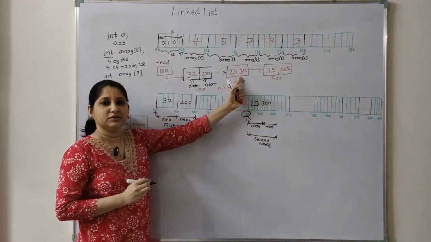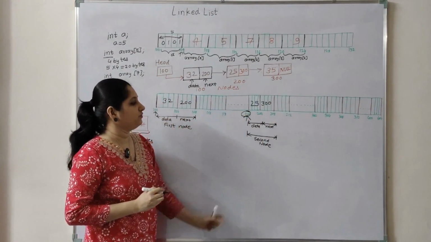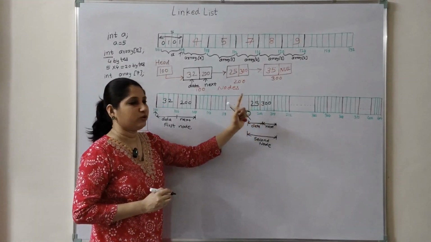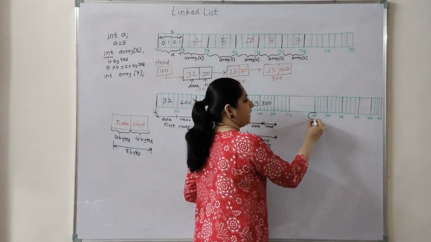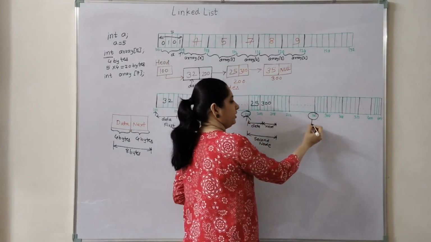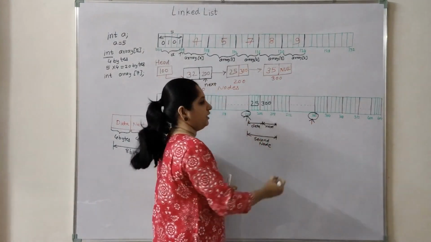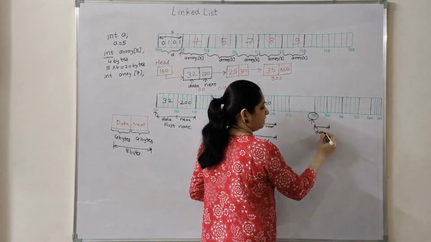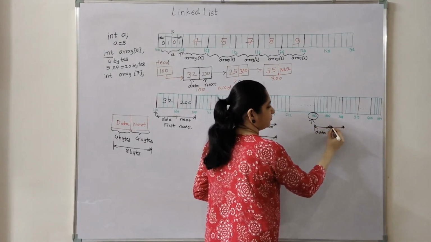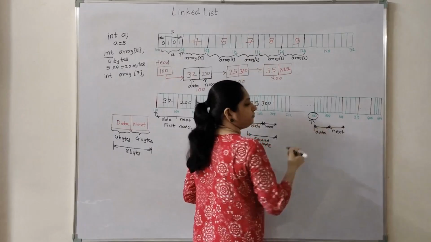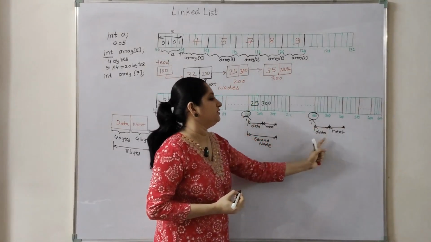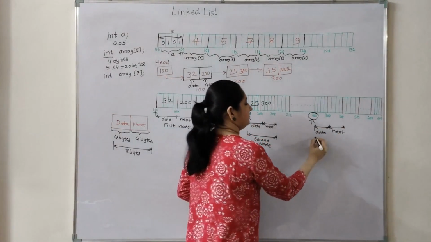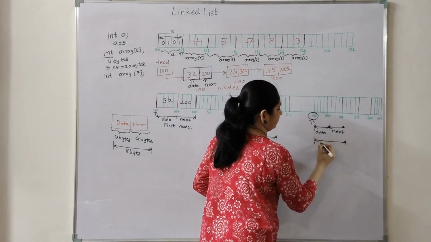That is the address of our third node, which points to memory location 300. In that memory location we are storing our third node, and 4 bytes will be reserved for the data part and 4 bytes for the address of our next node, and this is our third node.